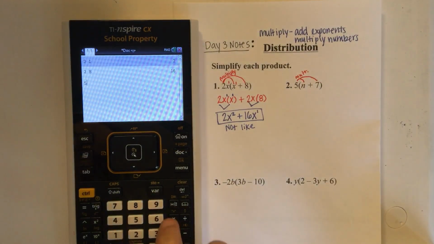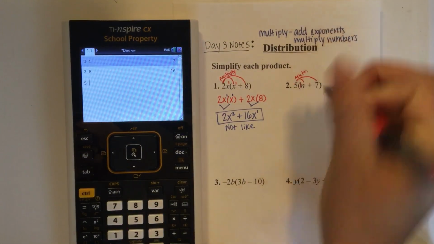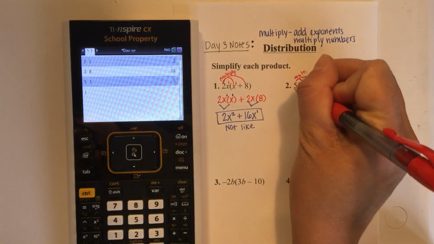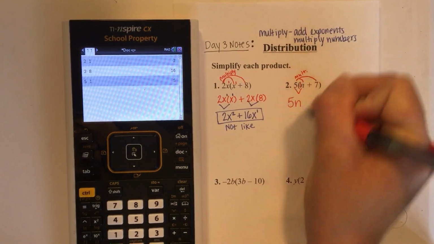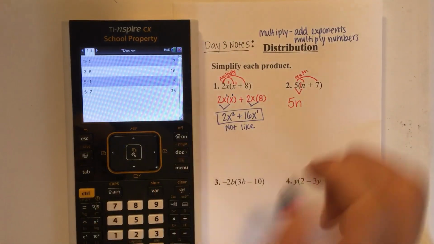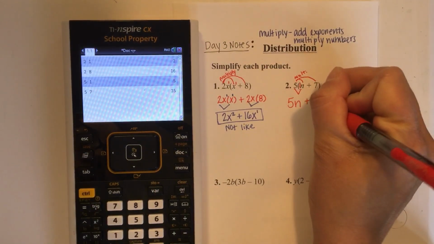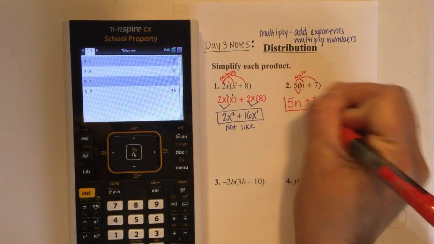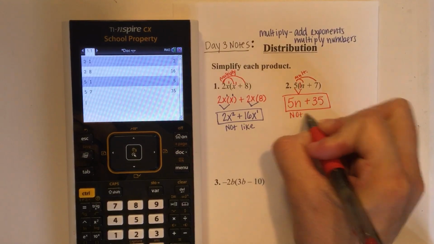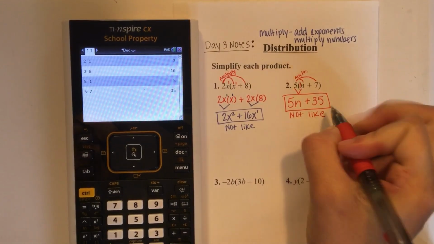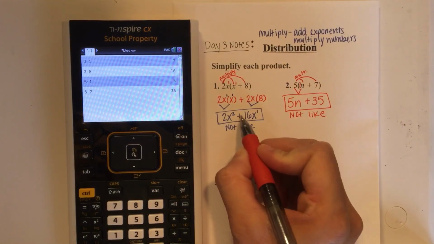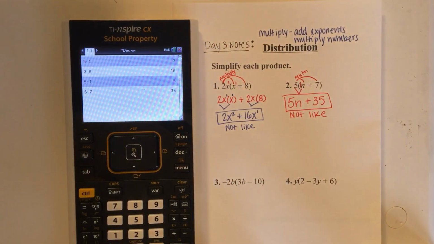So 5 times 1 is 5, so you get 5n. 5 times 7 is 35, so you put a plus 35. Here you're done, because these are not like terms. You need to make sure you have a plus sign between them. Sometimes it's a minus sign.